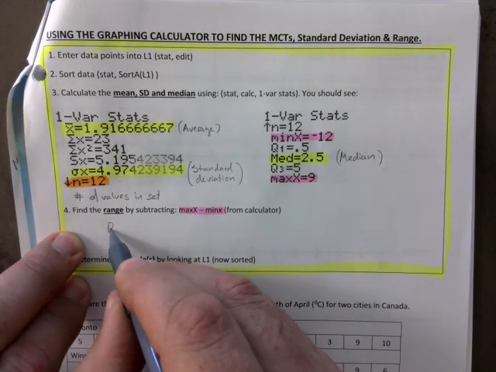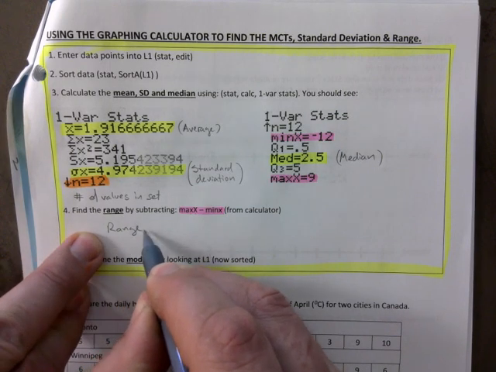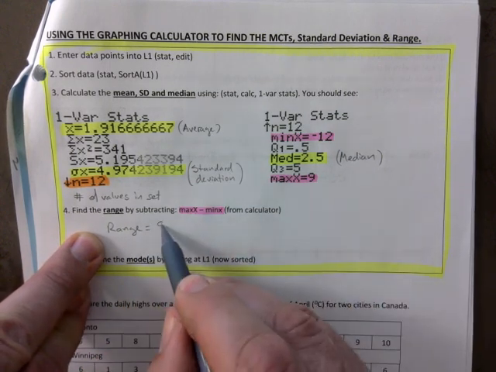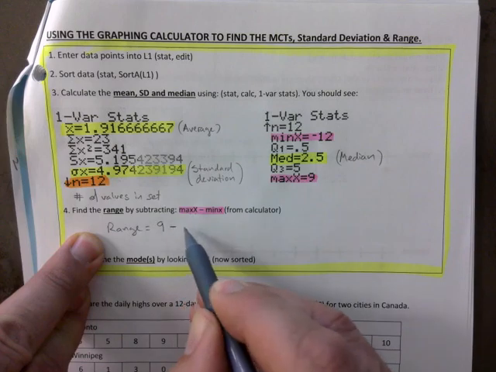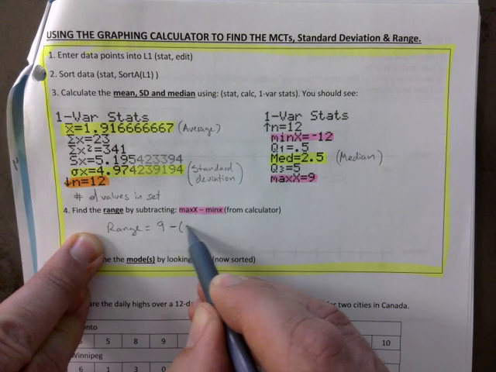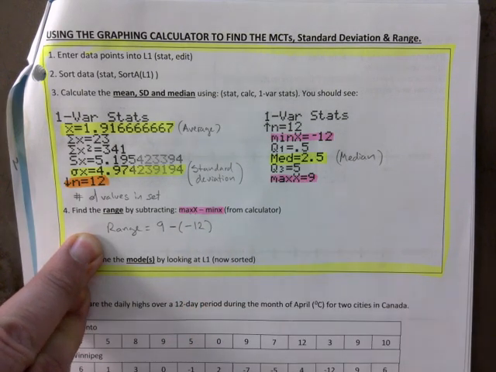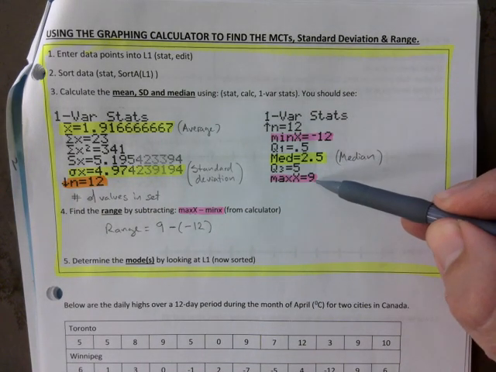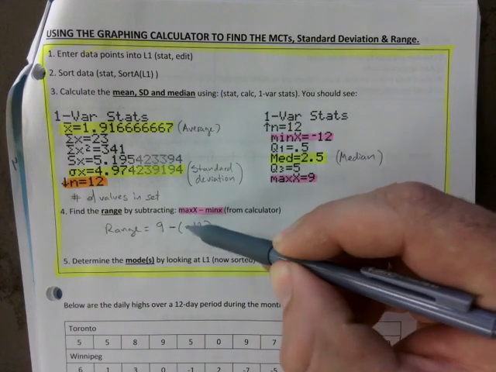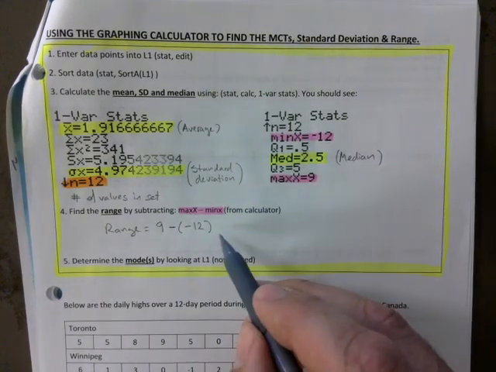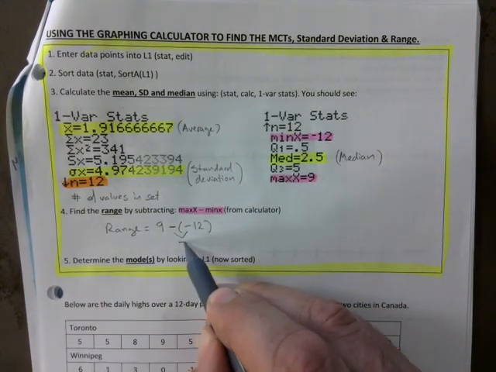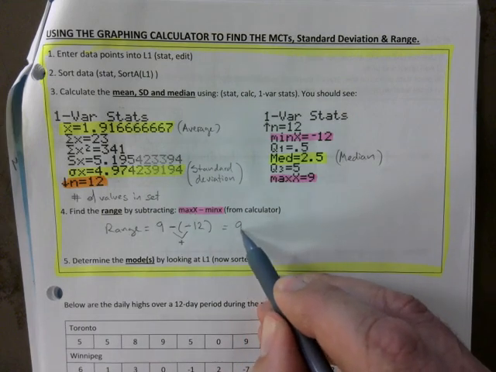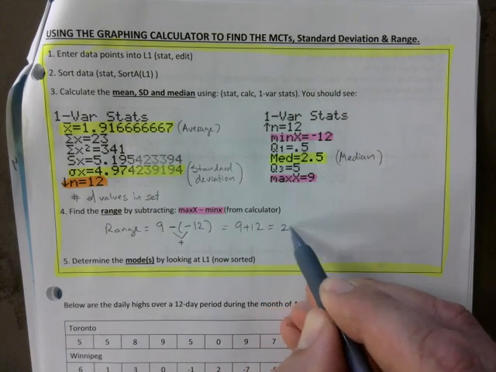So in this particular case, your range would be 9 minus, watch this, double negatives. So max minus min. Min happens to be a negative, right? So that really just turns into a positive there. So it's really 9 plus 12, which is 21 units.